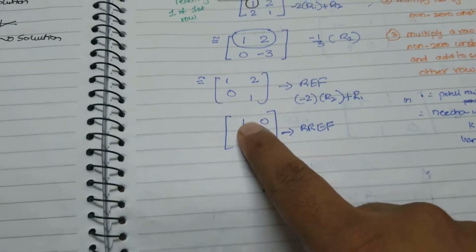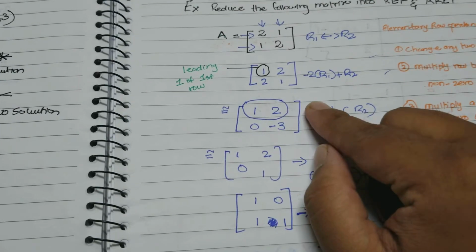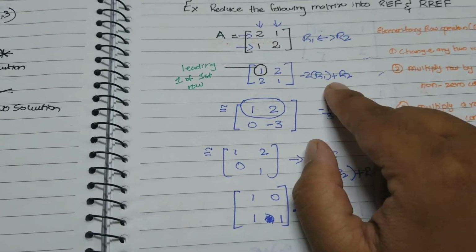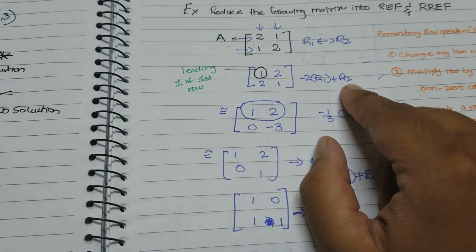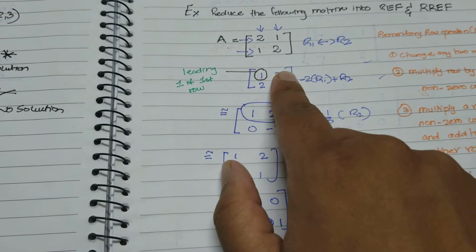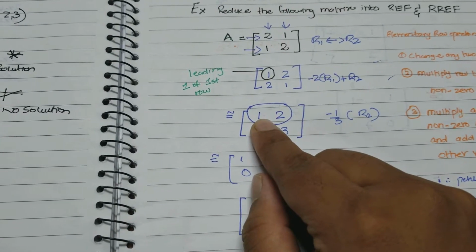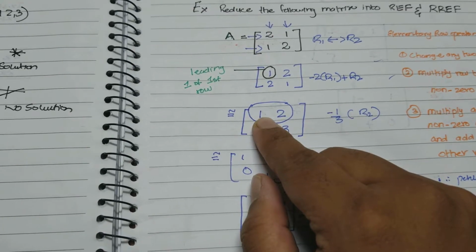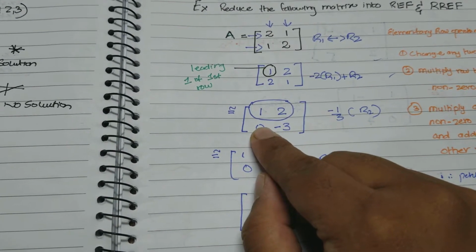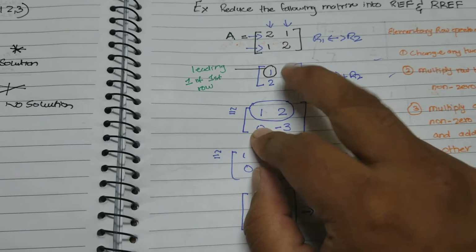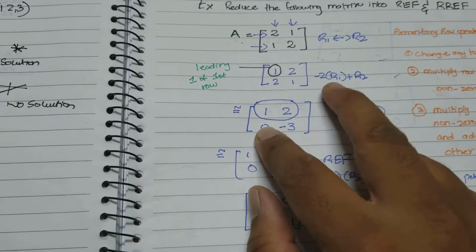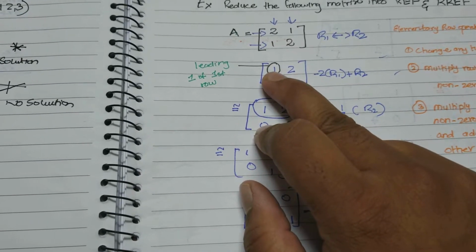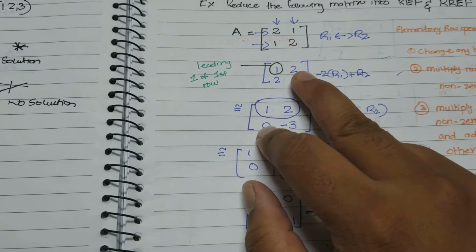Now we have to multiply row 1 by -2 and add it into row 2. Row 1 multiplied by -2 means this becomes -2 and this becomes -4.